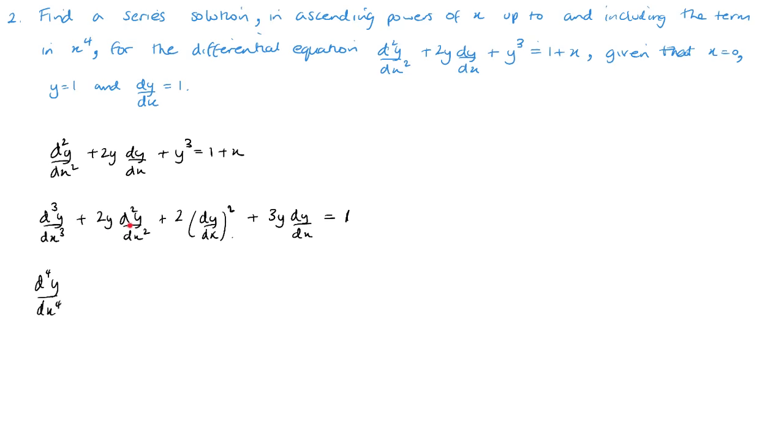So we've got 2y times this differentiated, so that's going to be plus 2y d3y by dx cubed, plus now we've got this times this differentiated, so it's going to be 2 dy by dx times d2y by dx squared, plus now I've got this one, so this is going to become 4 dy by dx times dy by dx differentiated, which is d2y by dx squared.